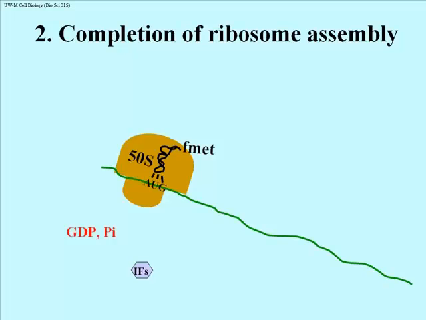Specifically, the GTP was hydrolyzed to GDP and inorganic phosphate, and the initiation factors have come off. This complex has no name as well, although some people refer to this as the initiation complex. If the prior one was the initiation complex, then this one has no name.